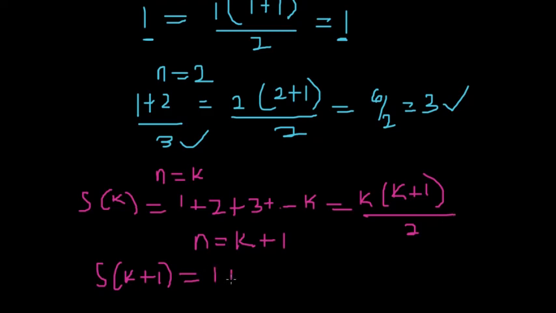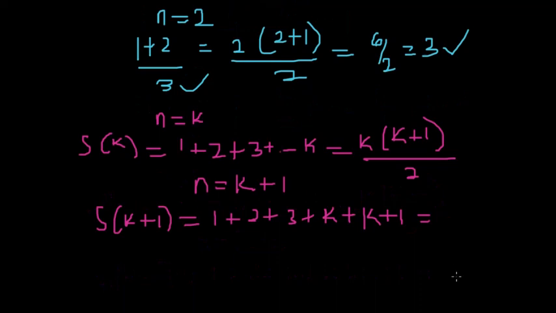So we have 1 plus 2 plus 3 plus k, plus this expression, k plus 1. And then this should be equal to this expression, but since n is equal to k, that's why we just replace the k with n. But for n equals k plus 1, we are replacing all the k's with k plus 1.